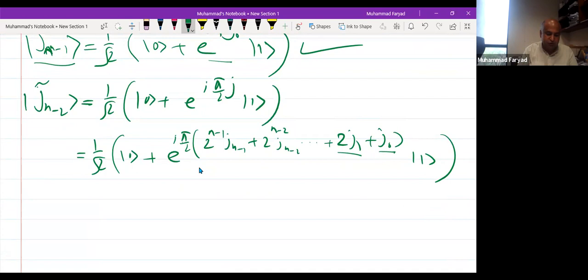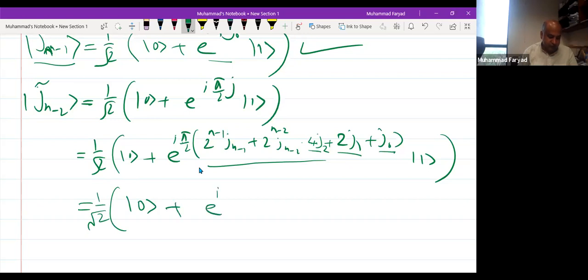But the term just before this was 4j2, which means that 4 divided by 2 is 2, so this term still yields a product of 2 pi, so this term is 1. So all of these terms, their exponential will go to 1, and we will only be left with 0 plus exponential iota pi j1 exponential iota pi by 2 j0 1.